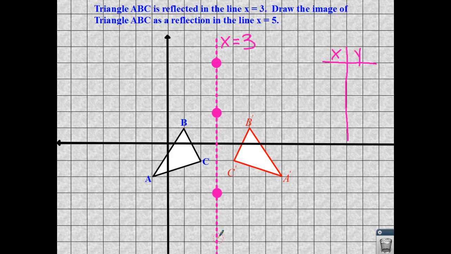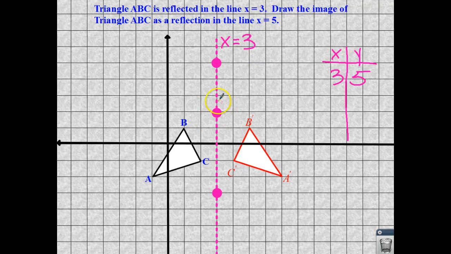And let's talk about what those ordered pairs are. So if I count over from the origin, like I always do, I have 1, 2, 3. So 3 is my x, and I go up 1, 2, 3, 4, 5 to get to my point. There's one ordered pair on my line called x equals 3.